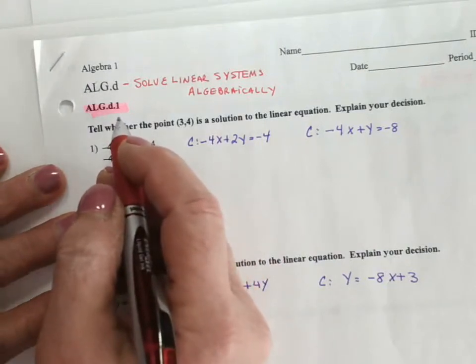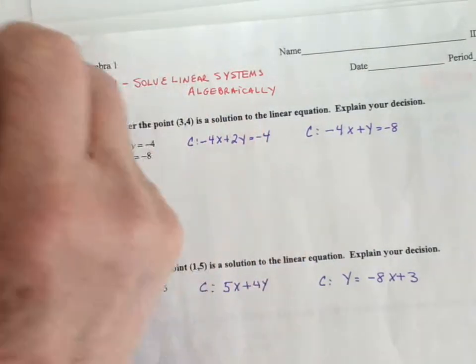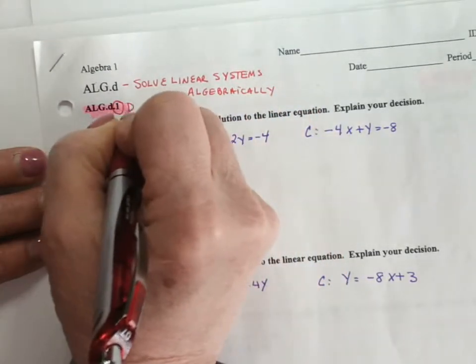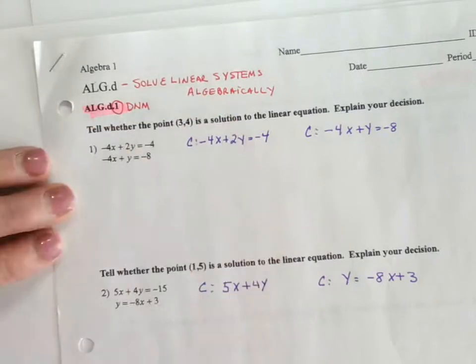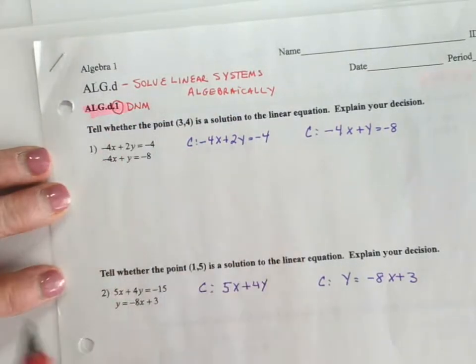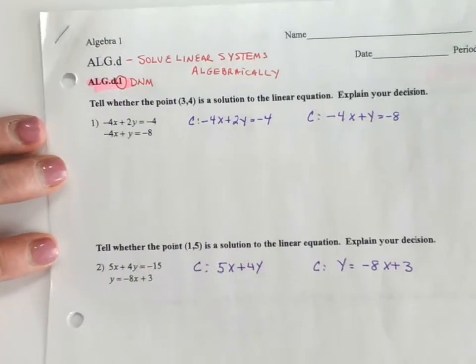There's 4 components, and just as a review, the number 1 is the does not meet. So here we have 2 sample problems for you to practice.